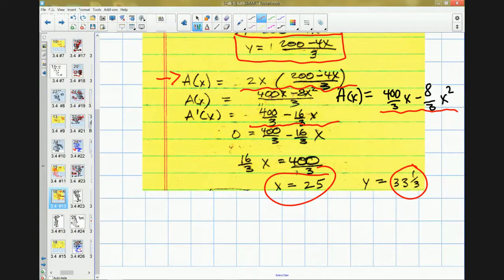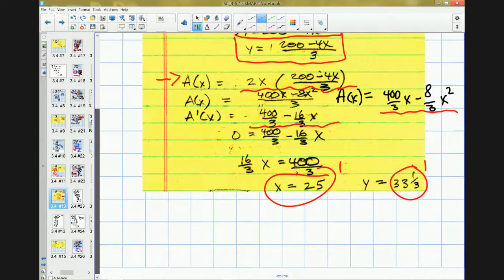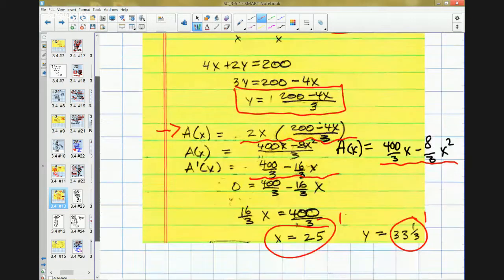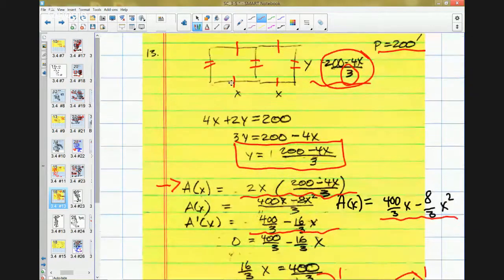I forgot, was there a label here? This is number 13. Yeah, these are feet. So for the dimensions, I guess you could say the pen is 50 feet by 33 1/3, because x, there's two of them.